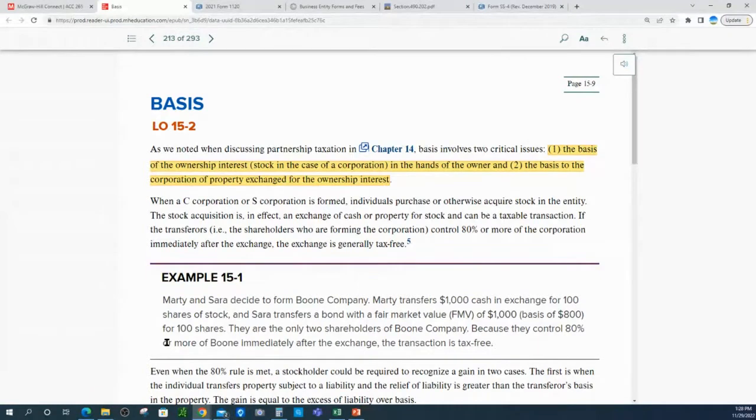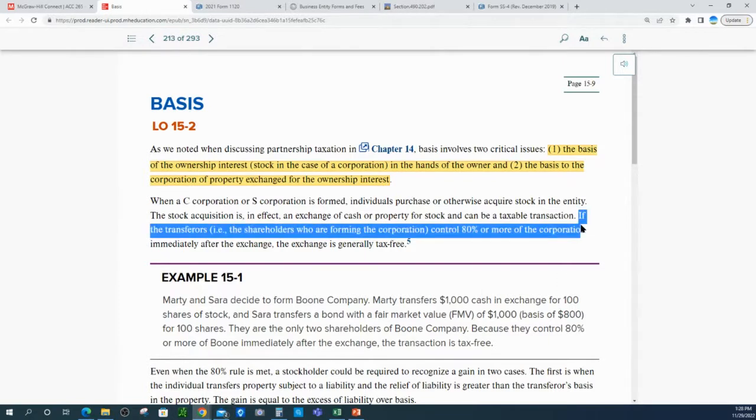So the rules for corporations are just a little bit different. They're not different with regard to buying corporate stock for cash. That's not any different. But with regard to transferred property, a little bit different. So let's take a look at all this. So also there are some differences with regard to how much control the owners have after the transaction.